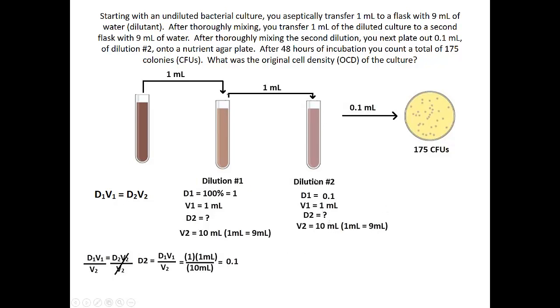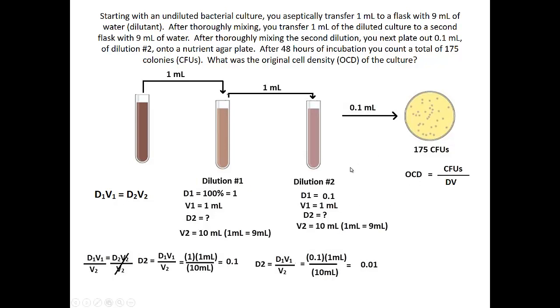And again, solving for the D2 value. Rearrange the equation, placing the new variables in, we end up with 0.1 times 1 over 10 in this case. So 0.1 times 1 is 0.1, and divide that by 10, and we get now 0.01. Again, units cancel out. So now we know the dilution value for our dilution number 2, 0.01.